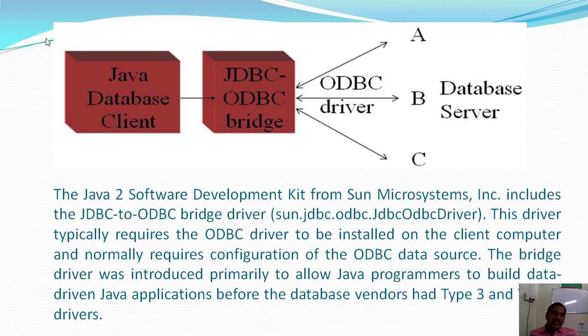This driver typically requires the ODBC driver to be installed on the client computer and normally requires configuration of the ODBC data source. Configuration we can see later. The bridge driver was introduced primarily to allow Java programmers to build data-driven Java applications before the database vendors had Type 3 and Type 4 drivers.